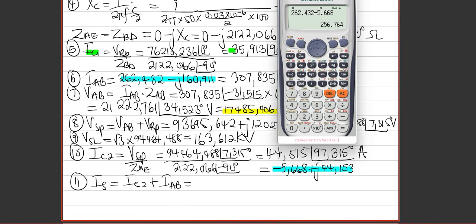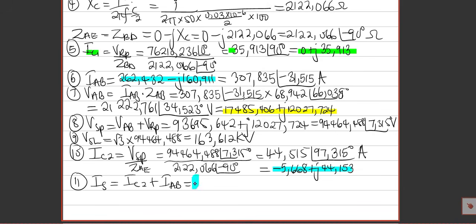You're getting 256,764. Next, we're adding these two, the J values.